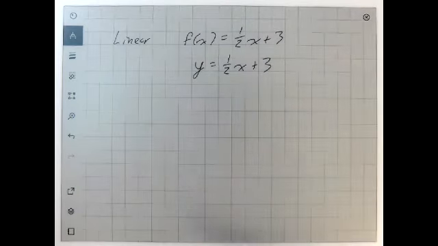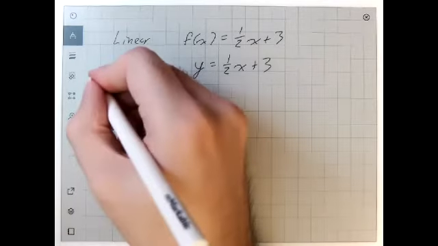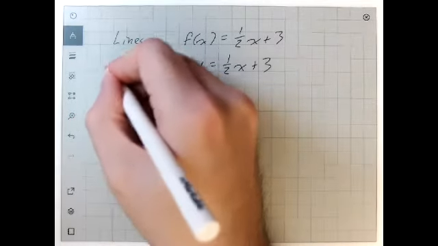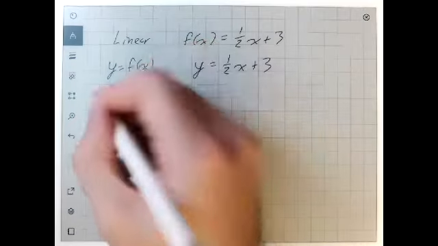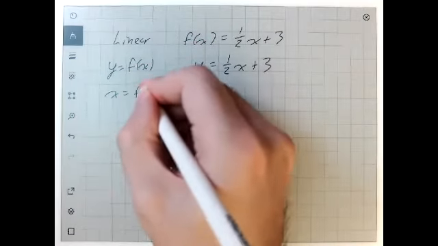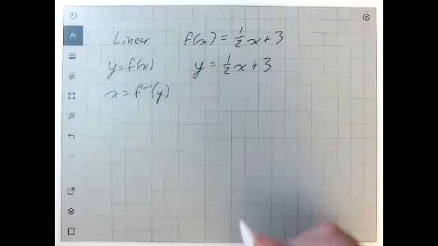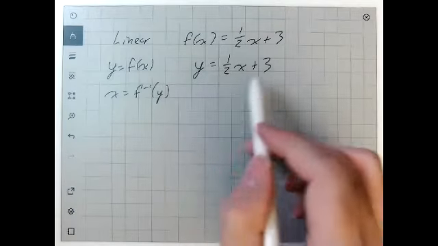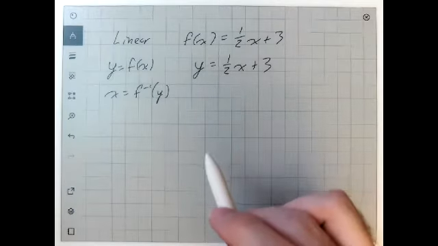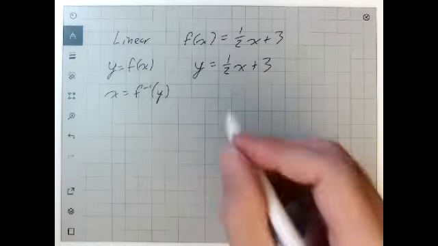Instead of calling it f of x, our graphs are usually y equals something, so let's look at y equals 1/2 x plus 3. And because we want to go from y equals f of x to x equals f inverse of y, our next step is to take this equation and solve for x.